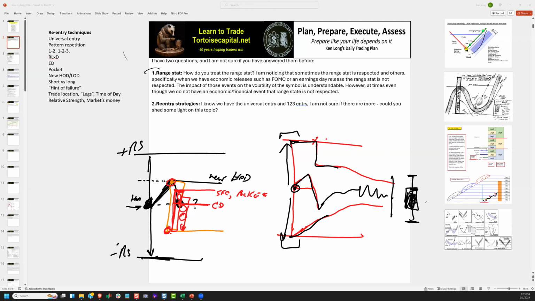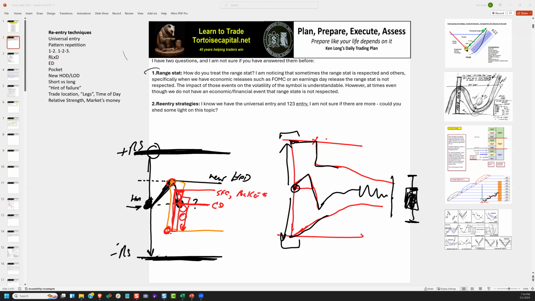Now, the final thing I want to say about range stat is that 5 times out of 6, it won't go more than that. The days that it's more likely to go beyond that is when you have a big gap. But now here's the other thing.